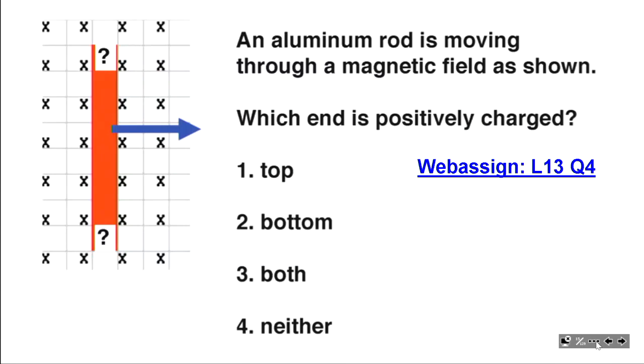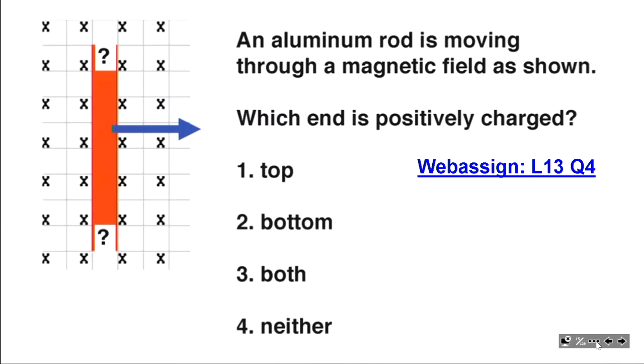But it's so low, we cannot measure it. Now, let's see what's going to happen if I make it move through the magnetic field. Did you see it? It moved. And now, see what's going to happen if I move it in the opposite direction.